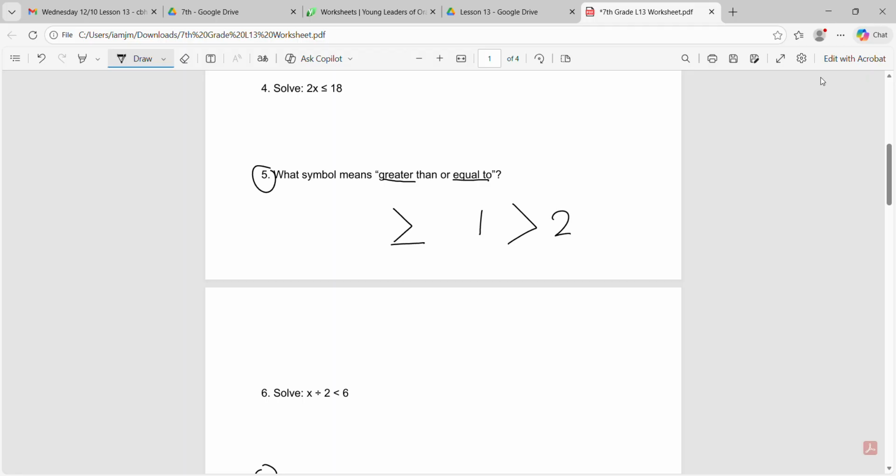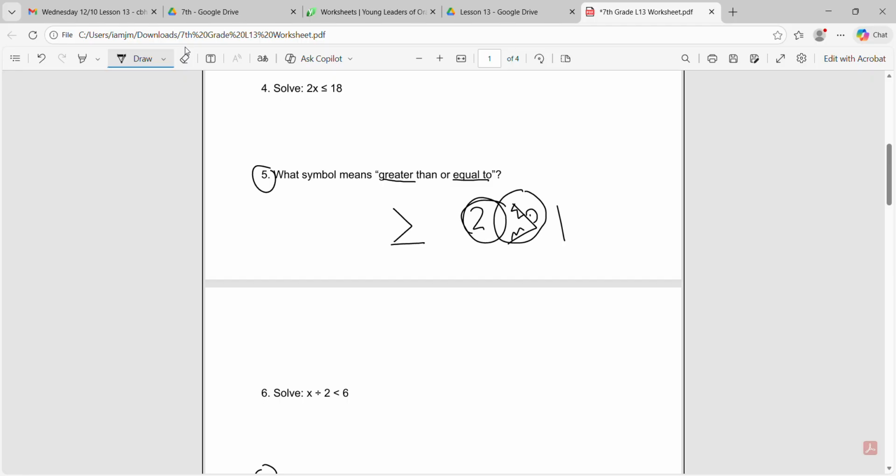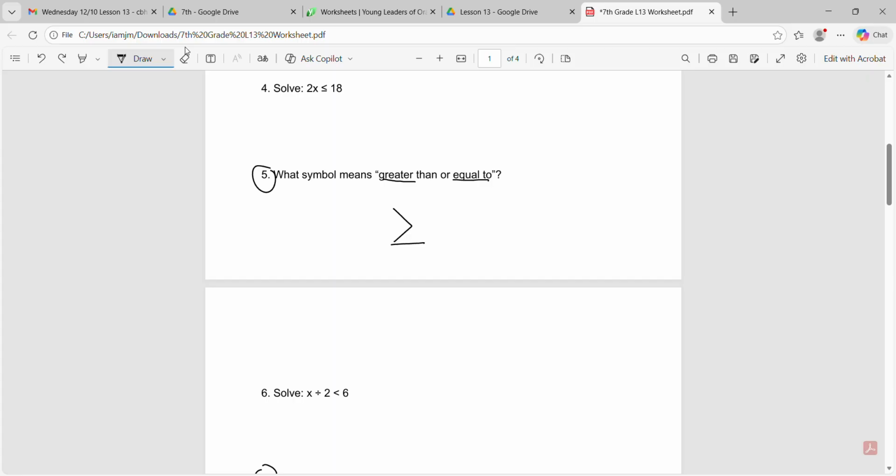Think of the inequality sign as an alligator. It always wants to eat the bigger number. So here 2 is the greater number. This is how you know what's the greater than sign. The alligator always eats the greater number, the bigger one. That's how you can figure out the difference between greater than and less than.